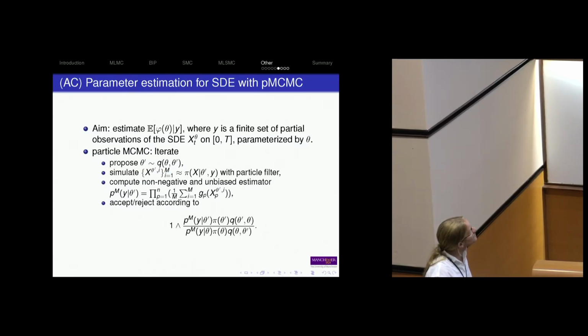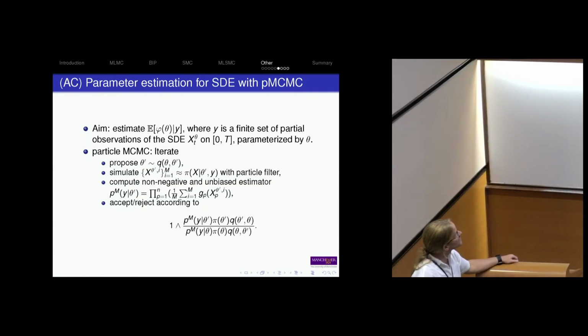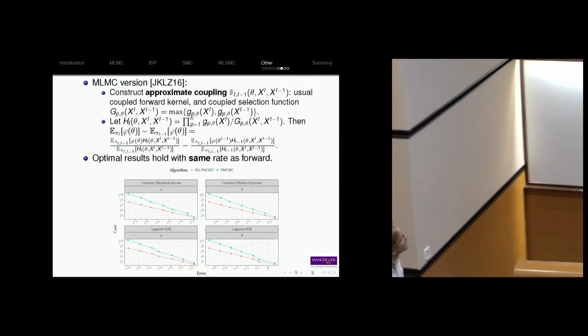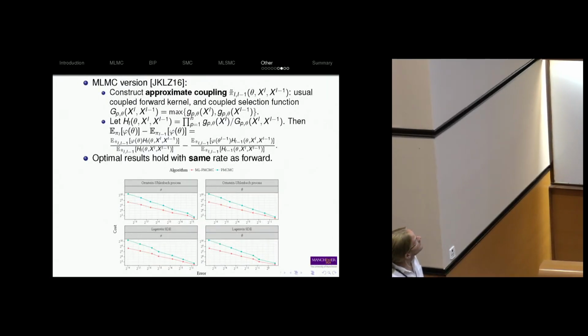We propose a theta prime, simulate a particle filter targeting the posterior given that value of theta prime. Then we compute the non-negative and unbiased estimator of the marginal likelihood, and we accept or reject using this unbiased estimator of the marginal likelihood.